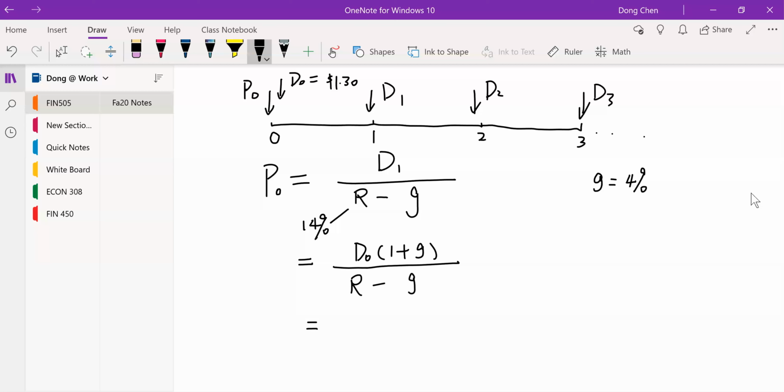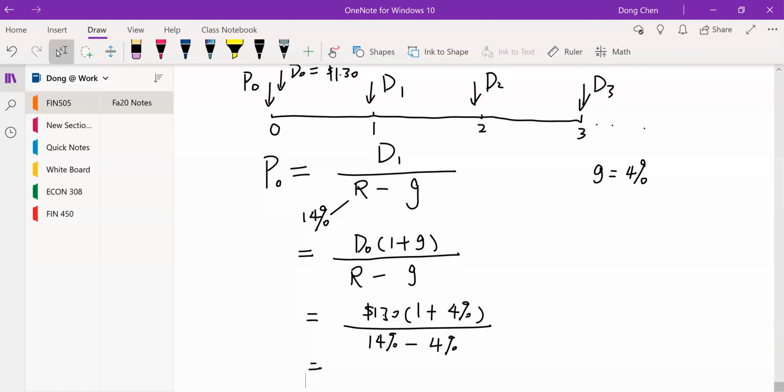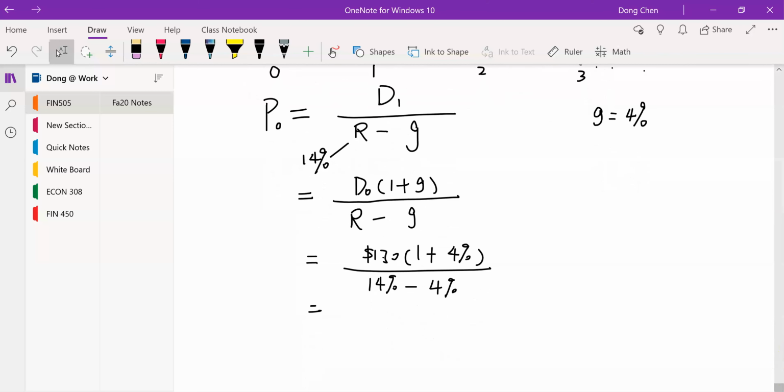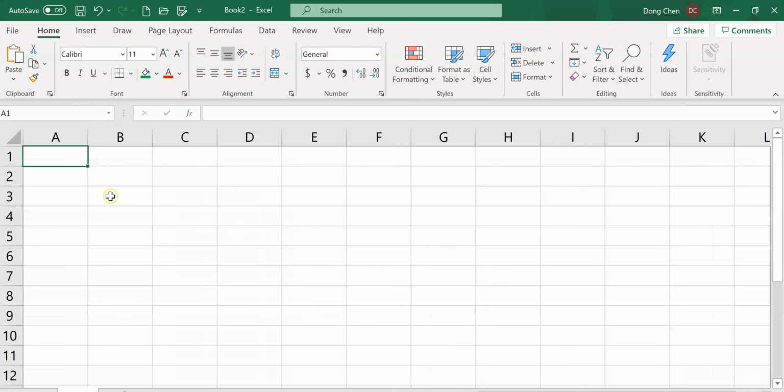So that equals $1.30 times 1 plus 4%, divided by 14% minus 4%. Then we can just put everything into Excel or a calculator, whatever tool you want to use, and we can figure out the final answer pretty easily.